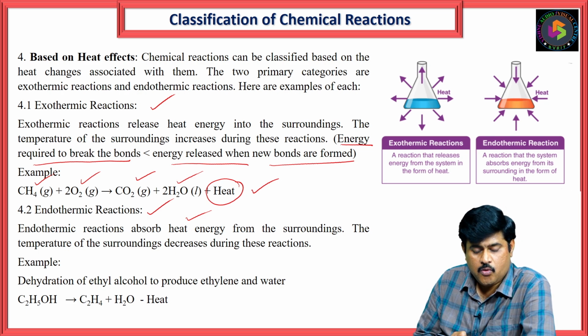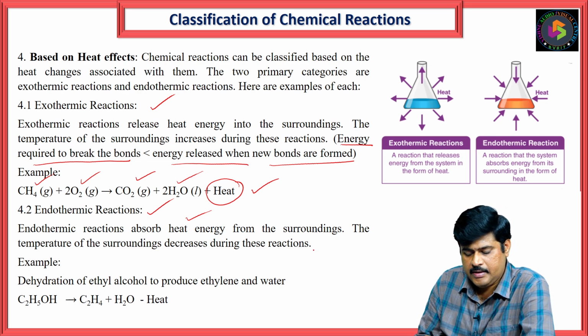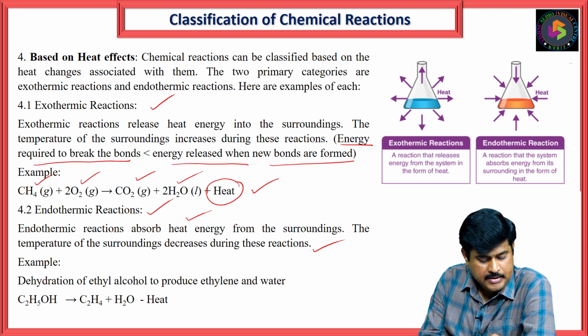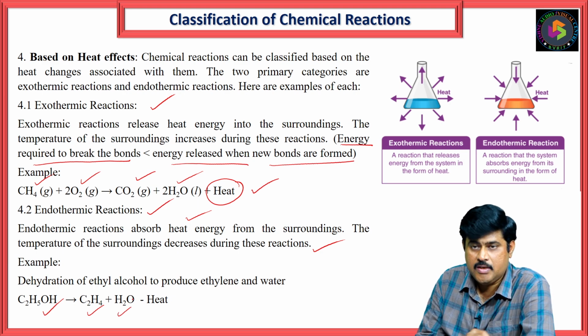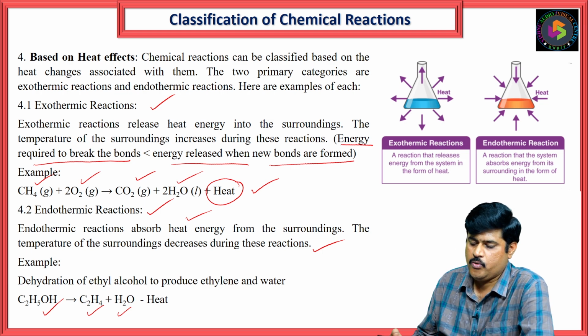The temperature of the surroundings decreases during the reaction. The example for this endothermic reaction is ethyl alcohol gives ethylene and water, and heat is taken from the surroundings. That means endothermic reactions actually take energy from the surroundings.